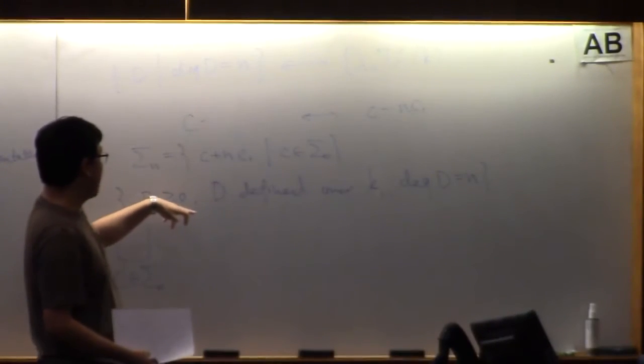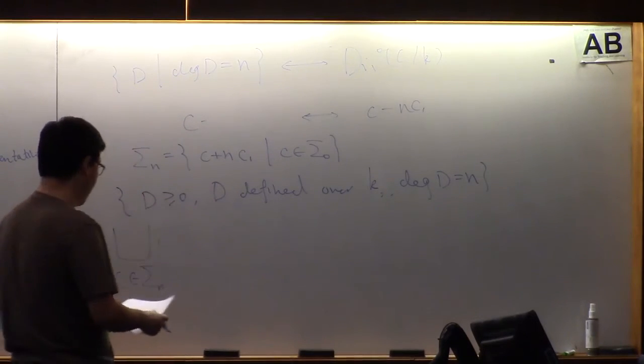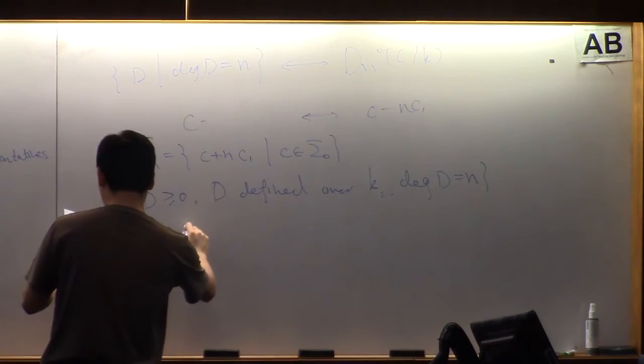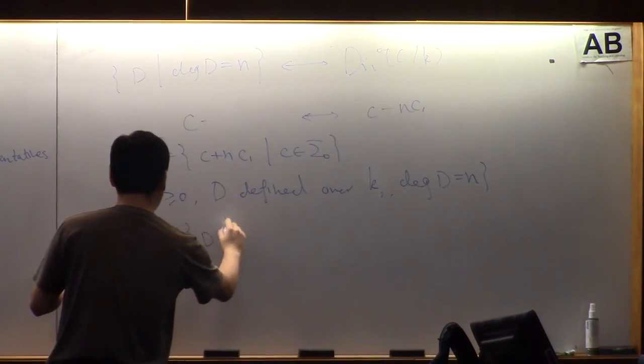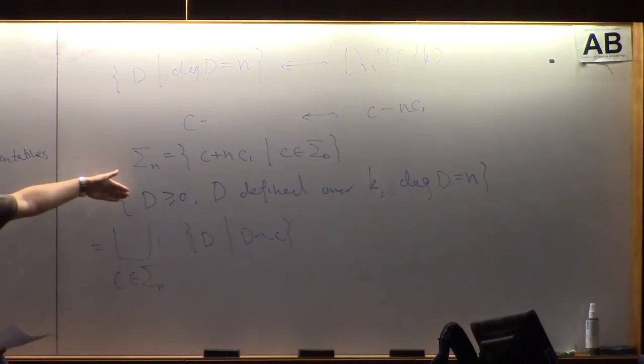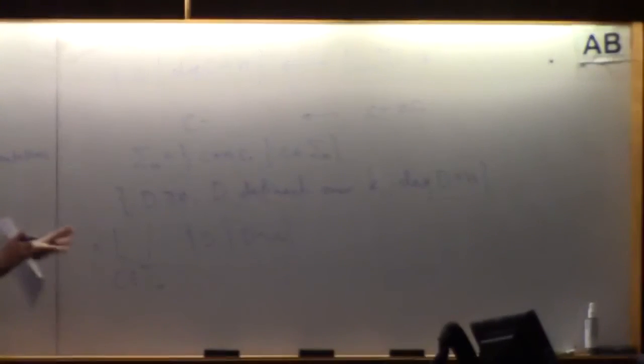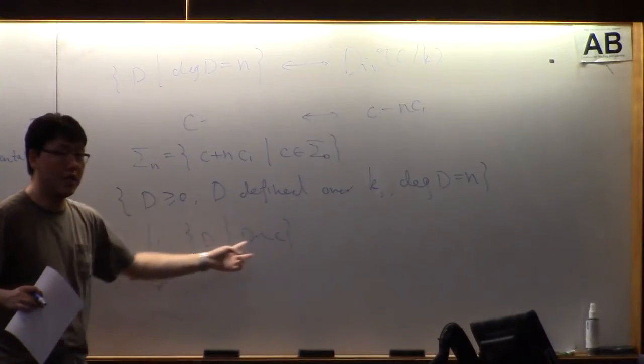Any such divisor must be linearly equivalent to some representative in this set. So I just divide the whole set into the disjoint union according to the representatives under the linear equivalence.